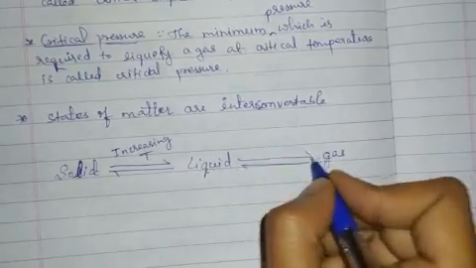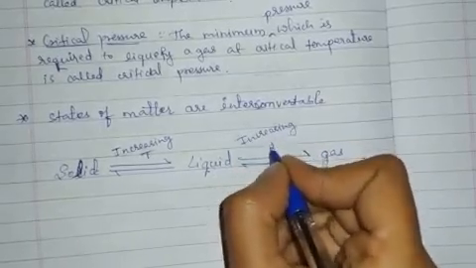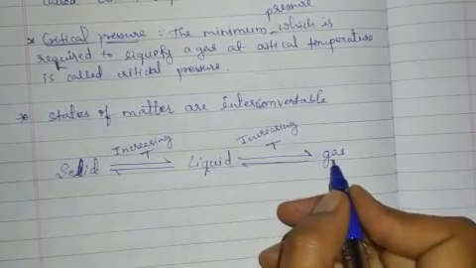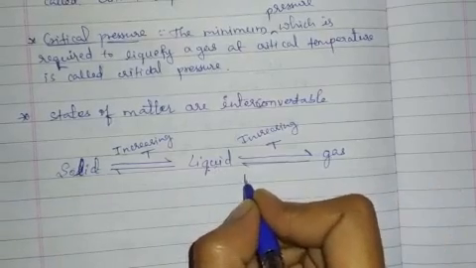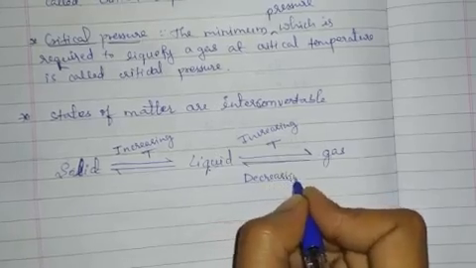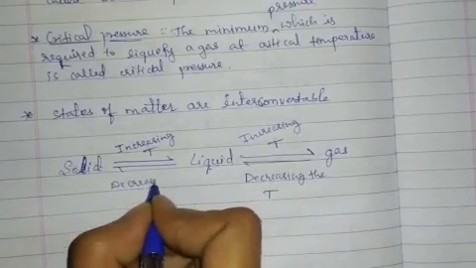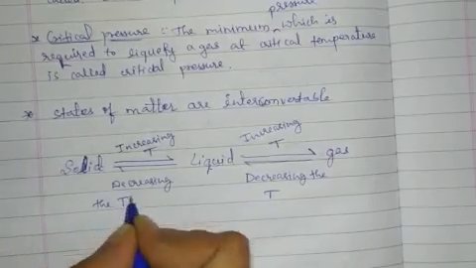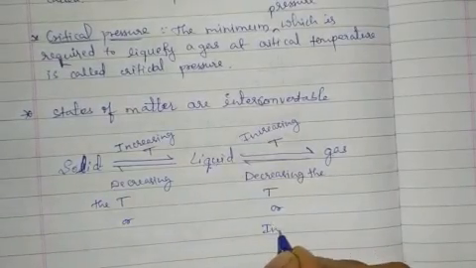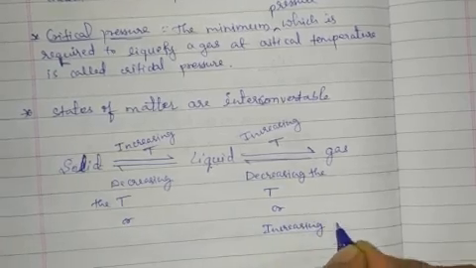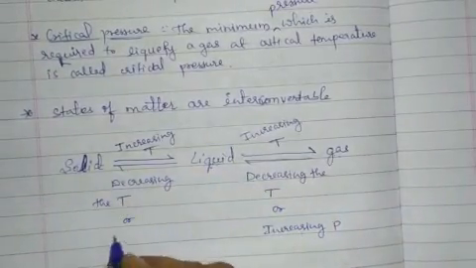Again this liquid is converted into gas by increasing the temperature. In reverse, we can convert this gas into liquid by decreasing the temperature. Here also the same, by decreasing the temperature liquid is converted into solid. Or we can also say by applying high pressure we can convert gas into liquid and again liquid into solid.